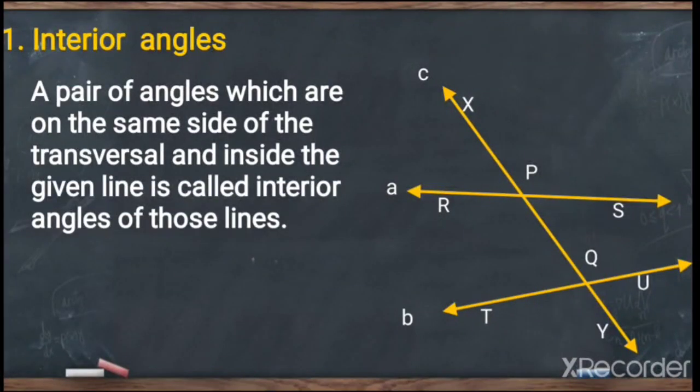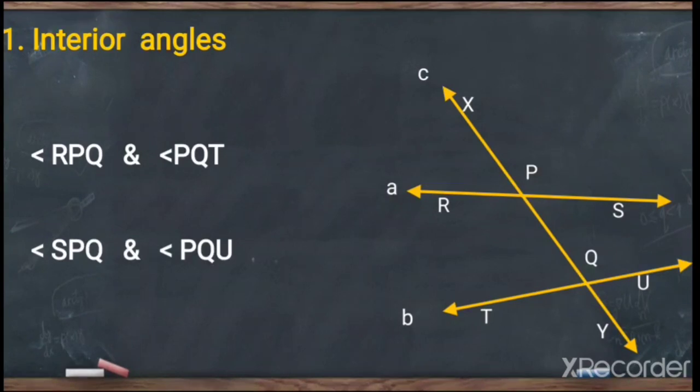So here I am using the left hand side and interior side, inside line A and line B. Here is the first angle, angle RPQ. Its interior angle is angle PQT. Now use your right hand side. Angle SPQ, its interior angle is PQU.